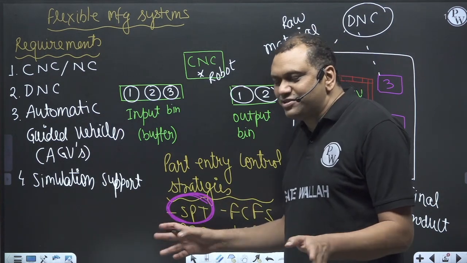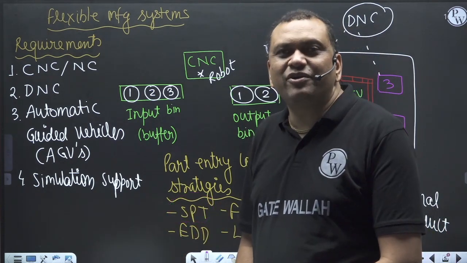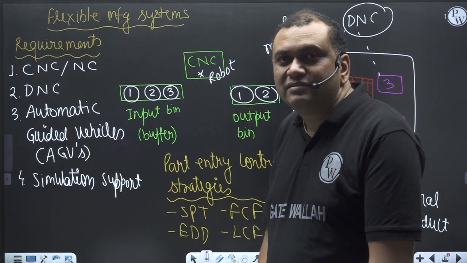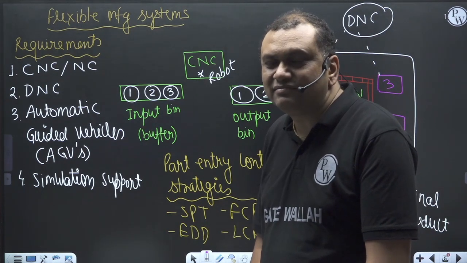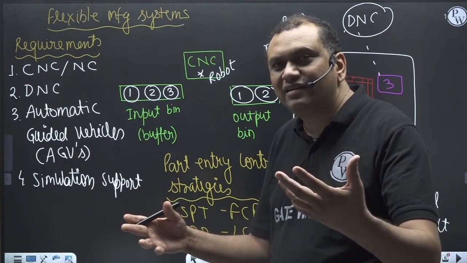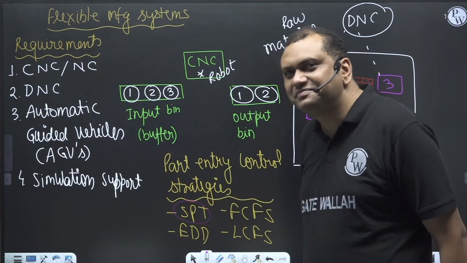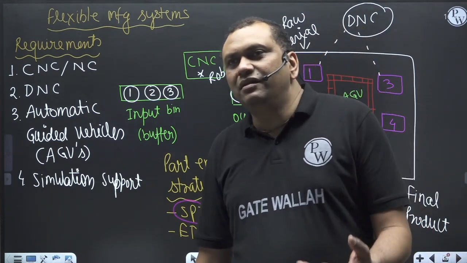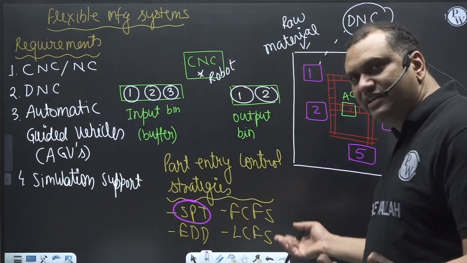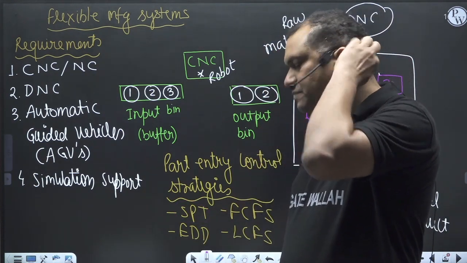Whatever procedures I am going to tell you in assignment and sequencing are basically nothing but the SPT technique of part entry control strategy. For EDD also there are techniques, but primarily we are going to follow SPT, shortest processing time.